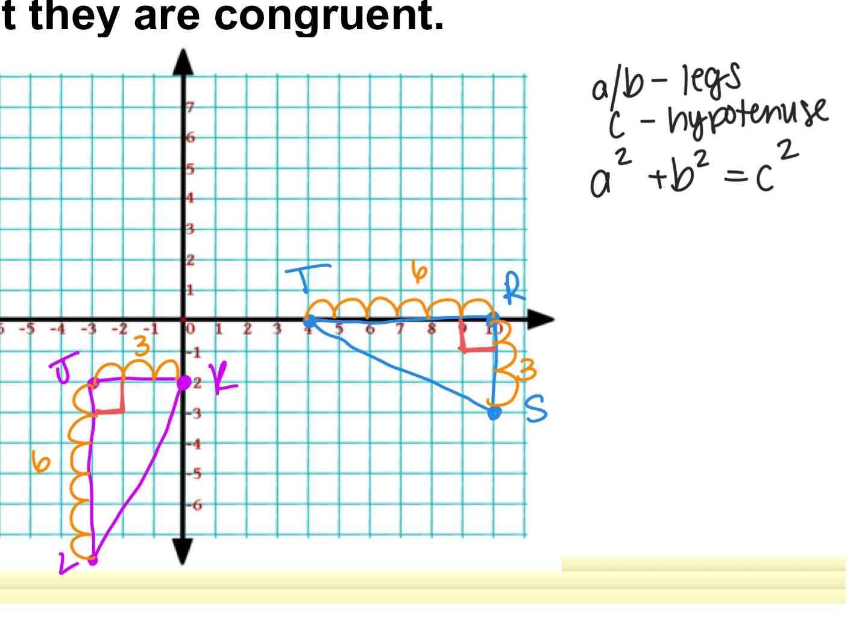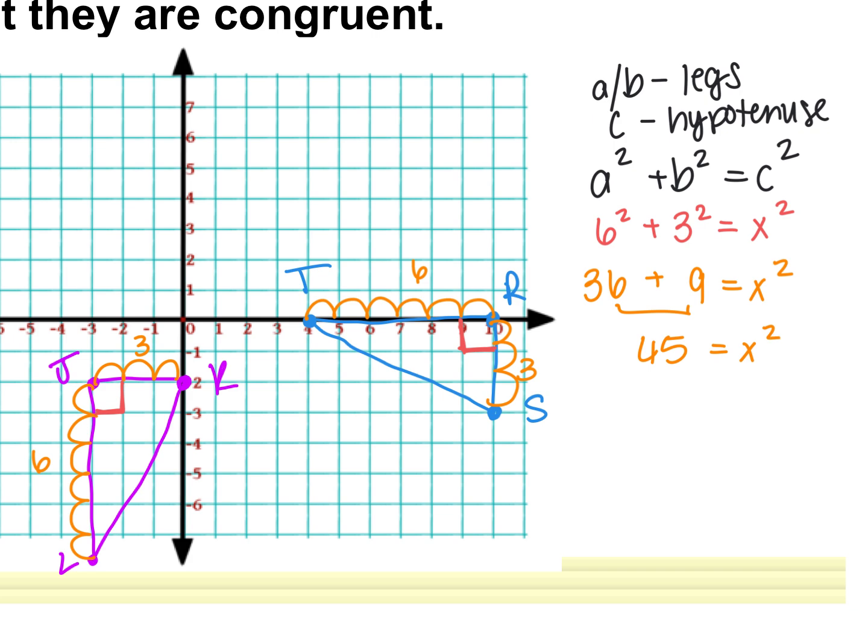Right now I have 6 squared plus 3 squared equals, I don't know what my hypotenuse is squared. And then we're just going to go ahead and solve it out. What's 6 squared? 36 plus 3 squared is 9 equals x squared. Adding these two together, I'm going to get 45 equals x squared.